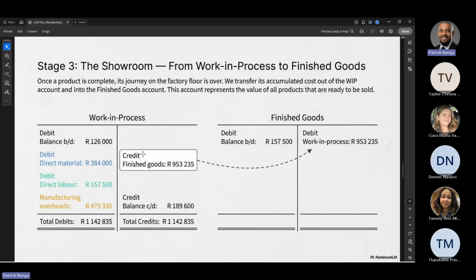What you are left with is only what was manufactured this year and completed. So this will be the finished goods. It came in, and it goes out as finished goods, and that's the reason why we send it to the finished goods.